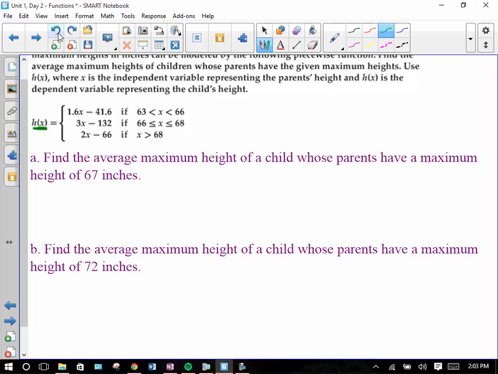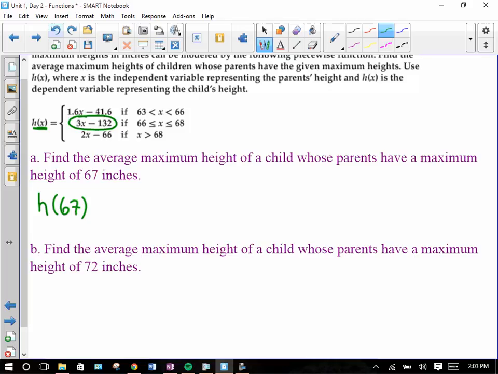This parent's height is 67 inches, so to find this kid's maximum average height, I have to find h of 67. Well, 67 is between 66 and 68, so I'm using that equation.